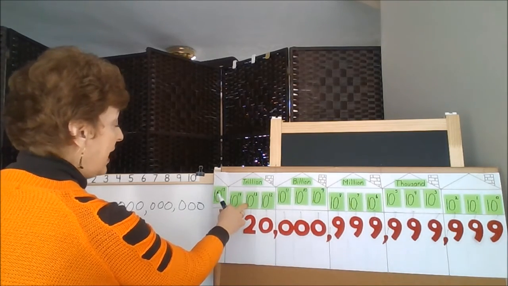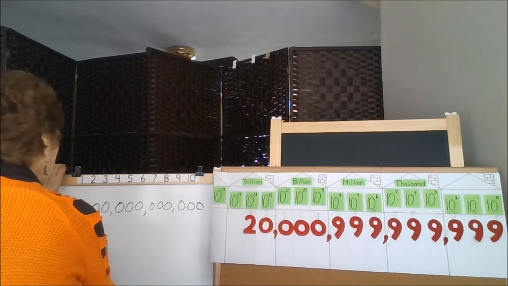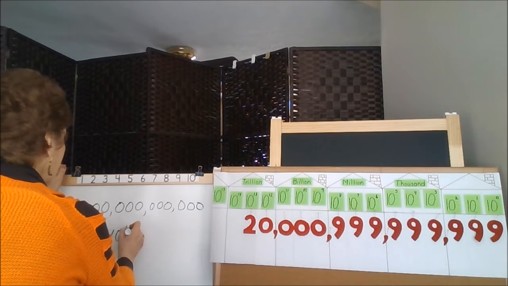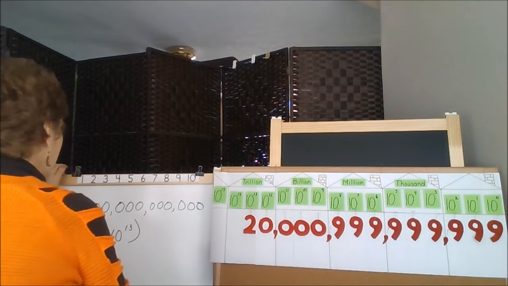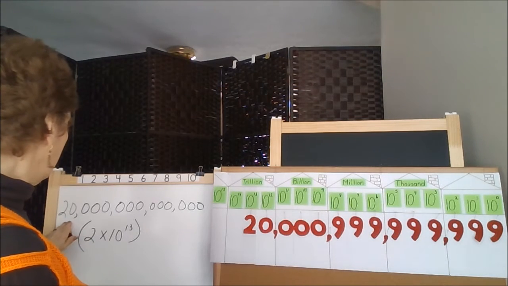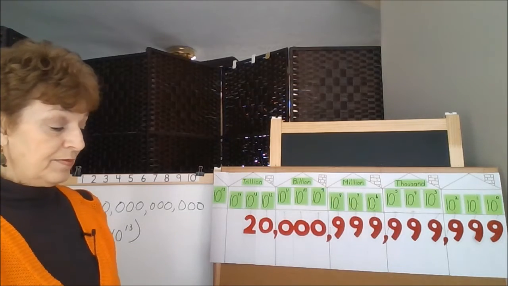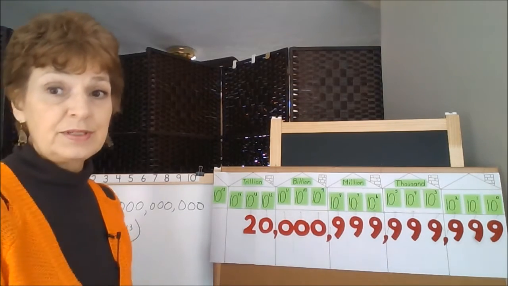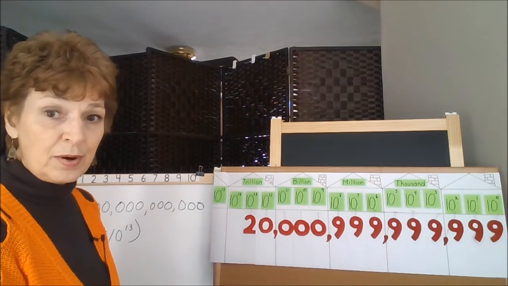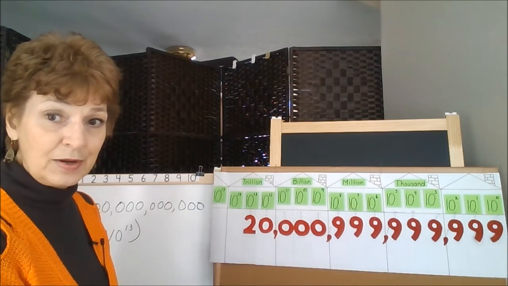The 2 is in the 10 to the 13th column. We would say it in scientific notation like this. This is a lot easier for scientists to understand than all those zeros, especially if the person writing all those zeros is kind of sloppy and might miss a zero or make 1 zero look like 2 zeros or crowd them together.